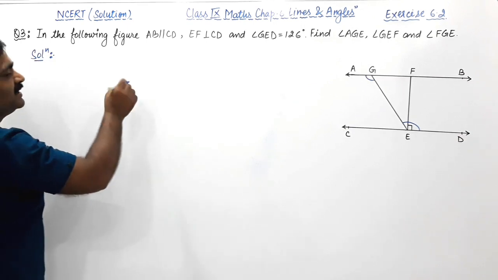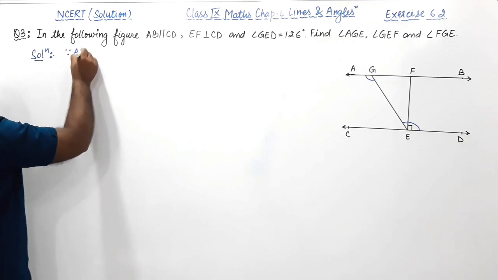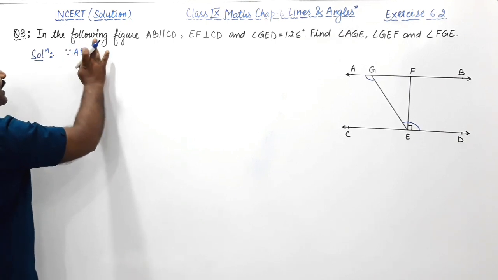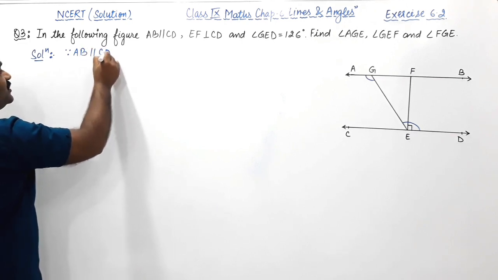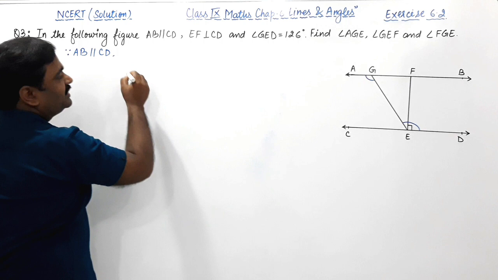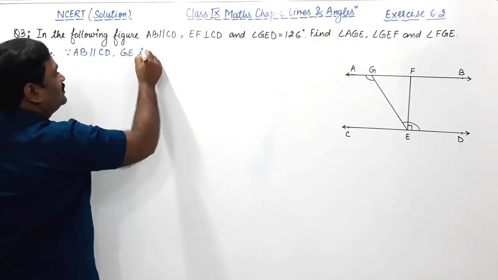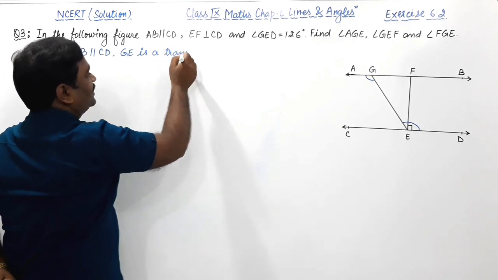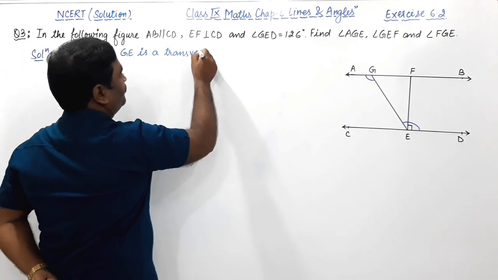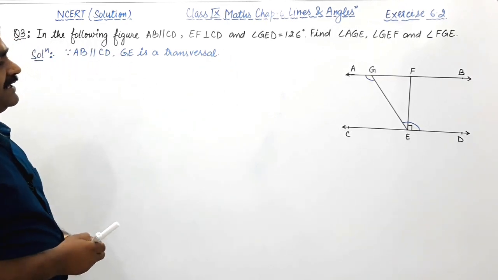Let's see, students. Since AB is parallel to CD and GE is a transversal, right?